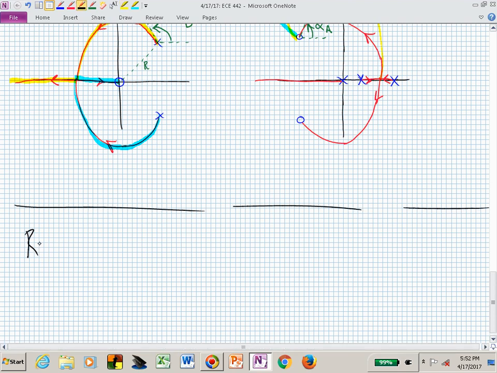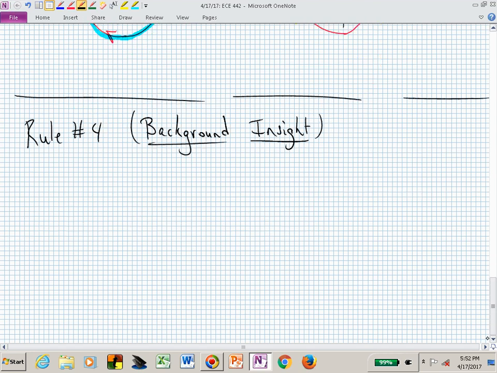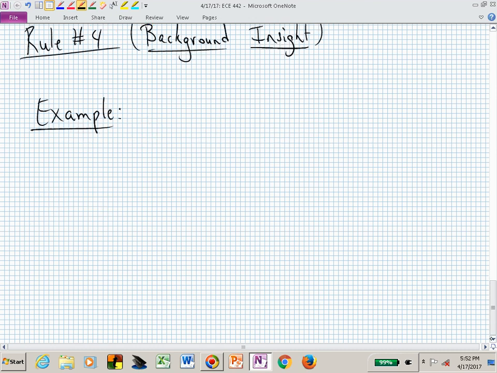Let's look at rule number 4, or in fact, trying to develop where this might be coming from. Suppose that you had a pole zero pattern that had a pole here, a zero here, and 2 poles there that were complex, and this is now the z-plane.